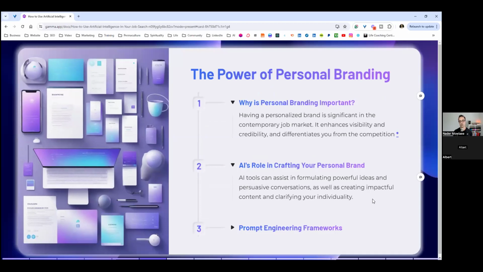And what's AI's role in crafting your personal brand or your professional brand? It is ultimately to help you come up with ideas. Ideation is what AI is fantastic for. Creating persuasive content, there it is again, the word persuasive, so you can have persuasive conversations, meaning conversations that people will actually respond to. Communication one way, communication the other way, now we're having a conversation, and AI can help you with that.